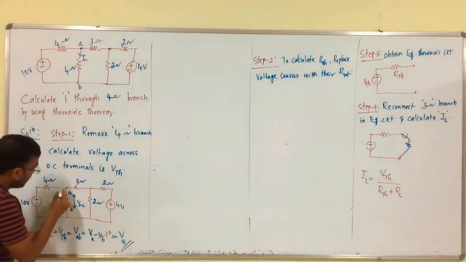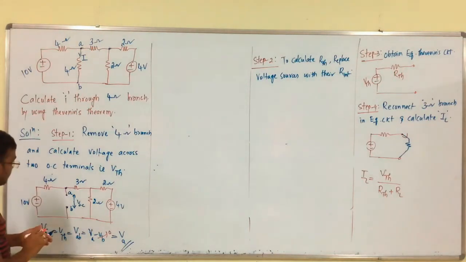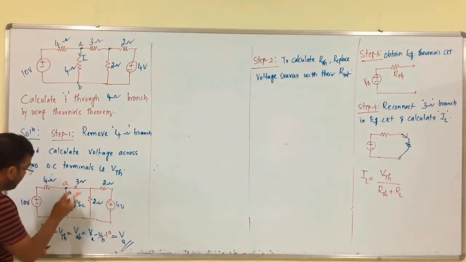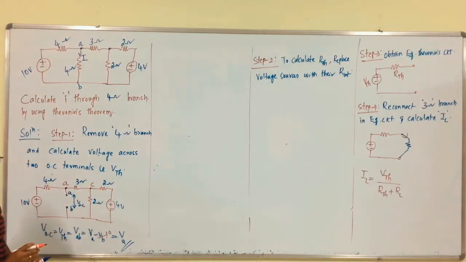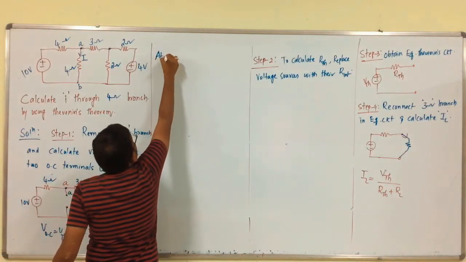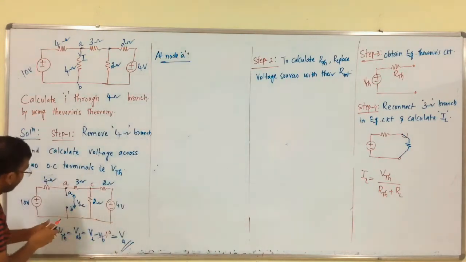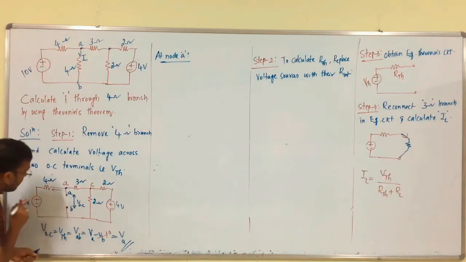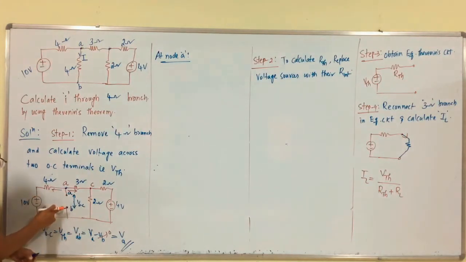We have to calculate the voltage at this node. This is node A, B, and I can assume this is node C for better understanding. At node A, my assumption is always leaving currents. There is no current through this branch because it is open circuited.